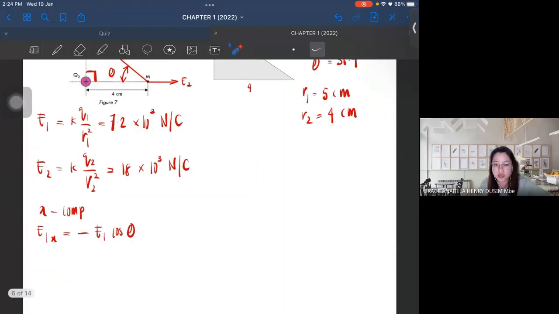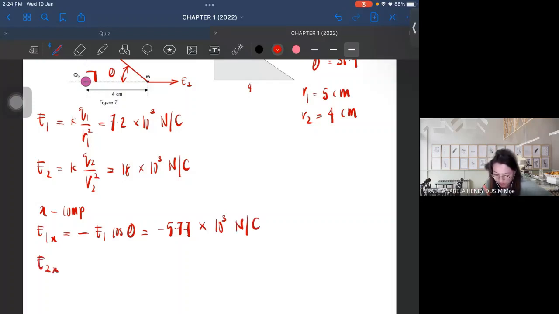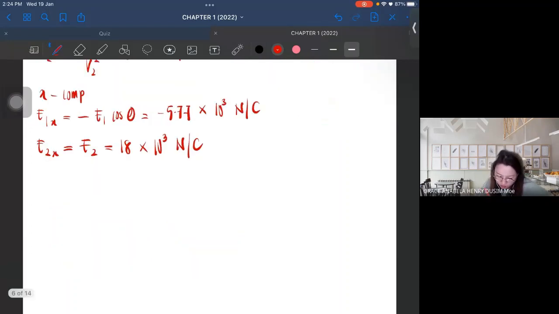So that's why it is negative. So this is equal to negative 5.77 times 10 to the power of 3 newton per coulomb. And then E2x is basically equal to E2, which is equal to 18 times 10 to the power of 3 newton per coulomb.